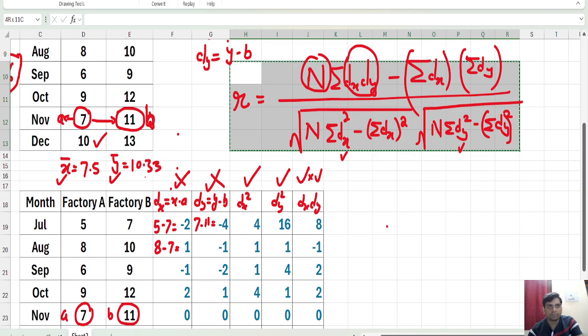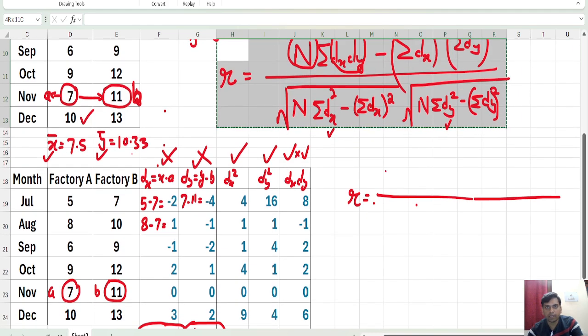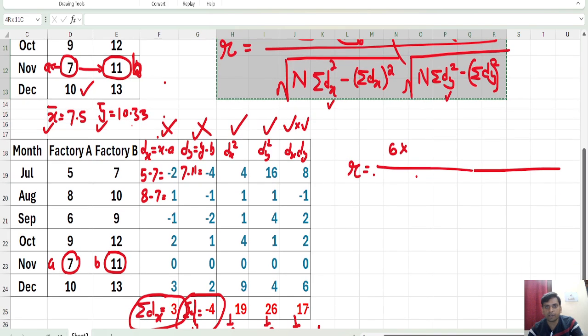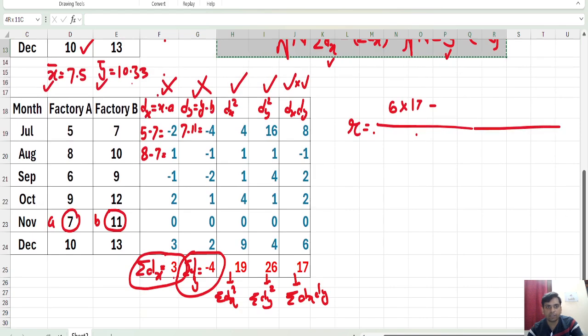So r equals, for this case n equals 6, and summation dx into dy is this 17, minus summation dx and summation dy. These are 3 and minus 4. So this is 3 and this term is minus 4.